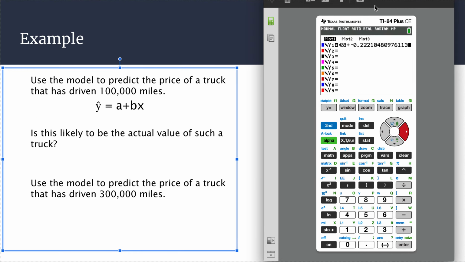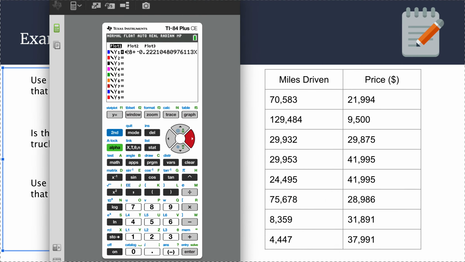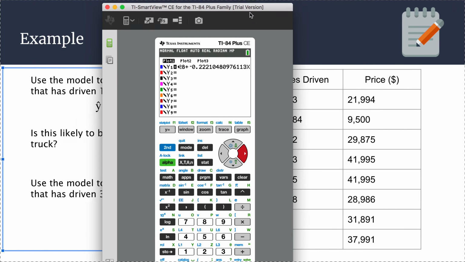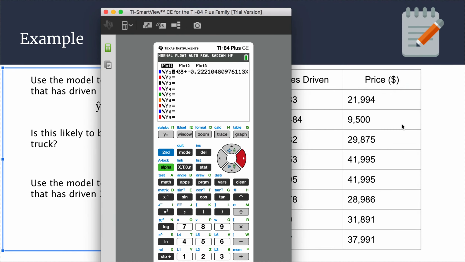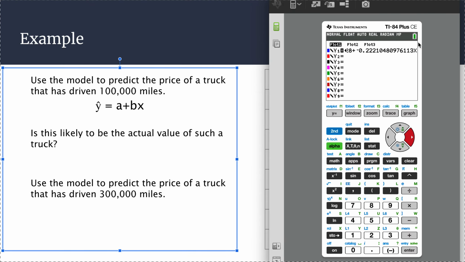If I plug in x, and remember my explanatory variable is miles driven, if I plug 100,000 miles into x and work that out, it should tell me the predicted price of the truck.